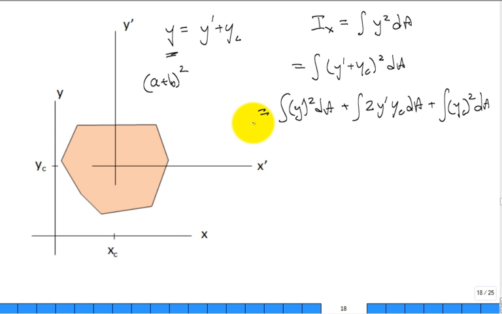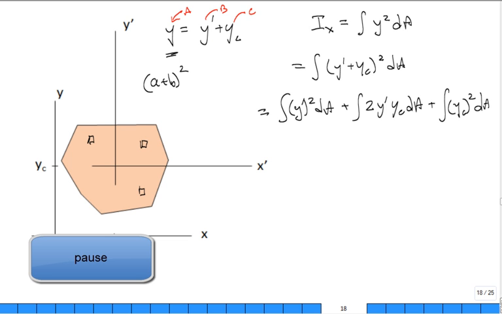Now, one of those three y's is a constant for this area. As I move around little different dA's, little dA over here, little dA over there, one of those y's isn't changing. Okay, so which one is a constant? Is this a constant? Answer A. This a constant? Answer B. Or this a constant? Answer C. Multiple choice.